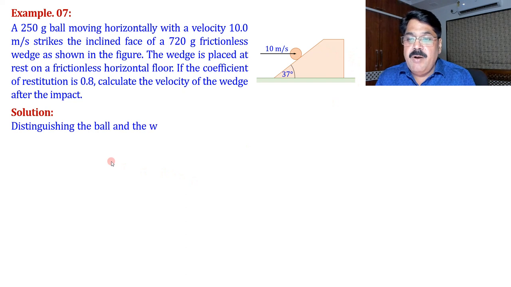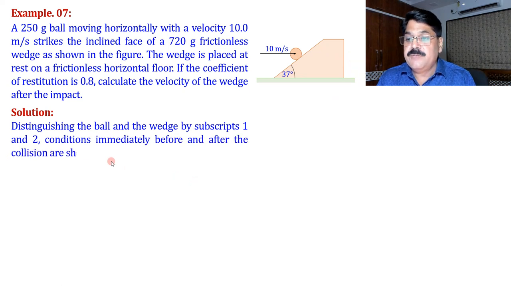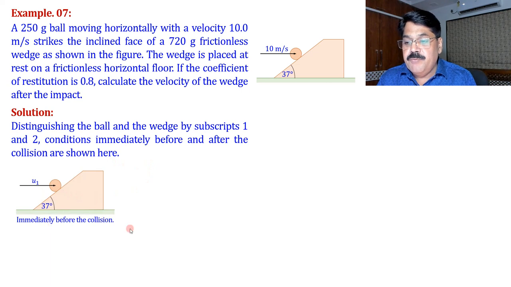Distinguishing the ball and the wedge by subscripts 1 and 2, the conditions immediately before and after the collision are shown here. So U1 before the collision: we resolve T and N components, with angle 37. What will be this N component? U1N and this T component U1T.